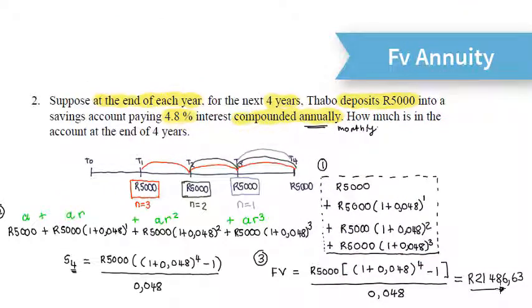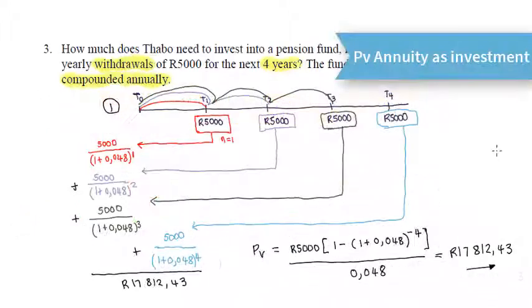Then we went over to the person who did not have this large amount of money and could only afford to deposit 5,000 Rand at the end of each year for 4 years, and they were still able to accumulate up to 21,486. Now what we're saying is that if somebody puts a lump sum of 17,812 Rand and 43 cents into a pension fund, then that person is going to be able to make regular yearly withdrawals of 5,000 Rand for the next 4 years.